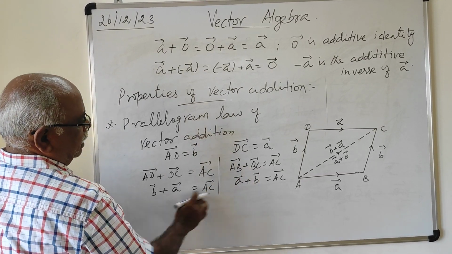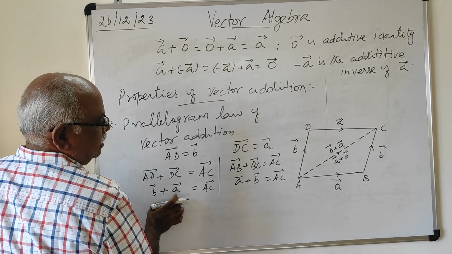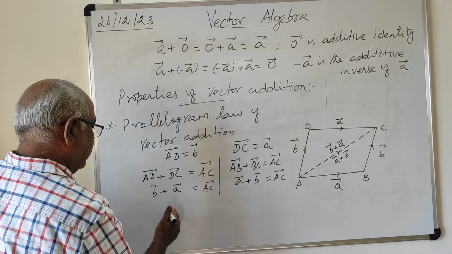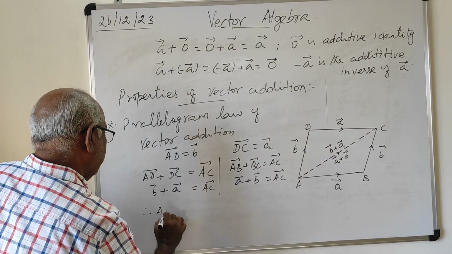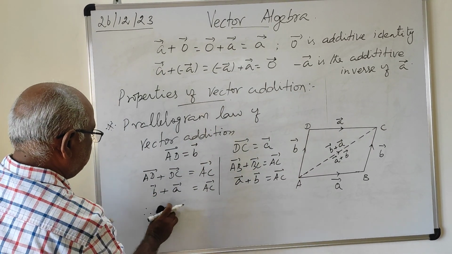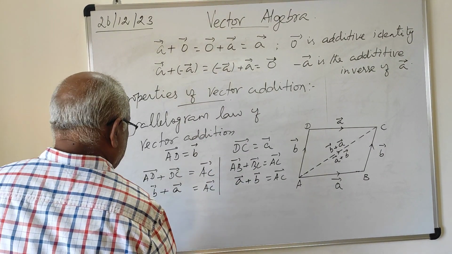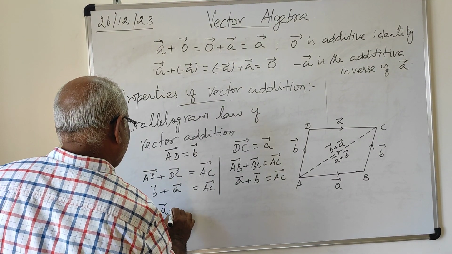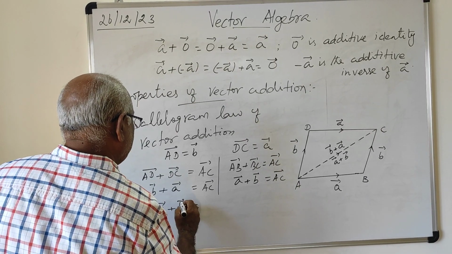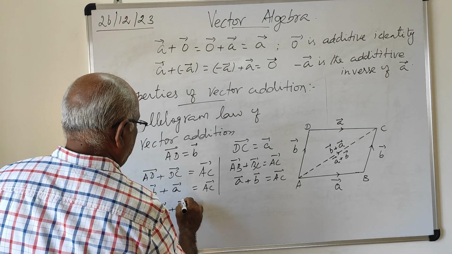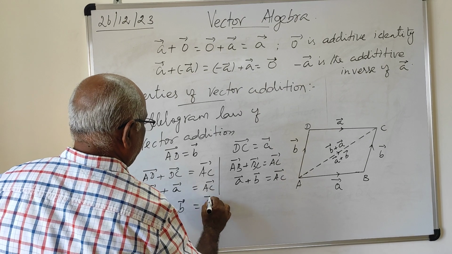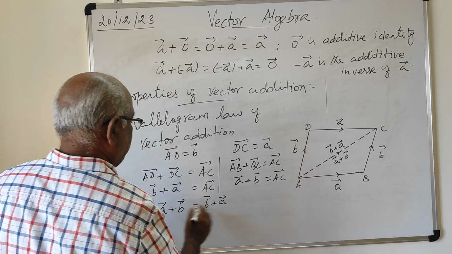So AC is represented by both A plus B and B plus A. Therefore, A vector plus B vector equals B vector plus A vector.